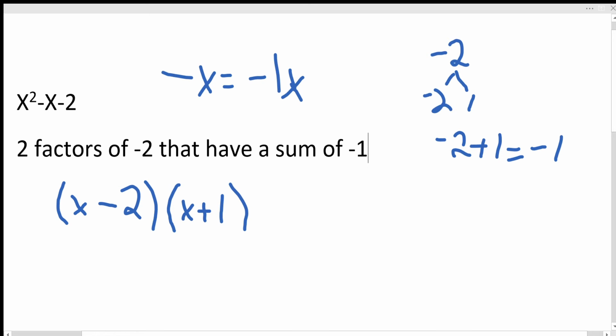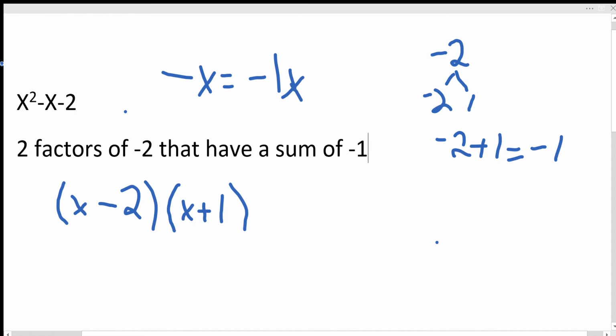Alright, so how I got that is we know that we have our x times our x, which will be our x squared, and then we have our two factors, negative 2 and positive 1, which will multiply to be negative 2 and add to be negative 1, which is right over here.